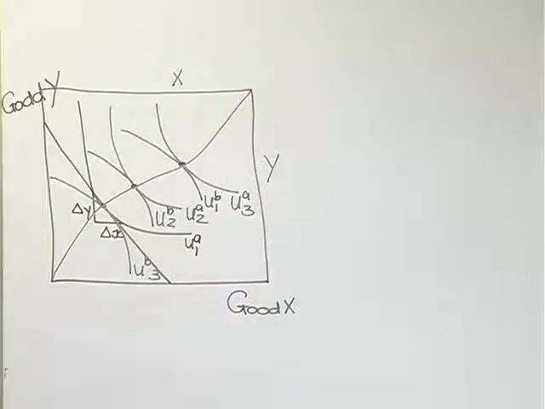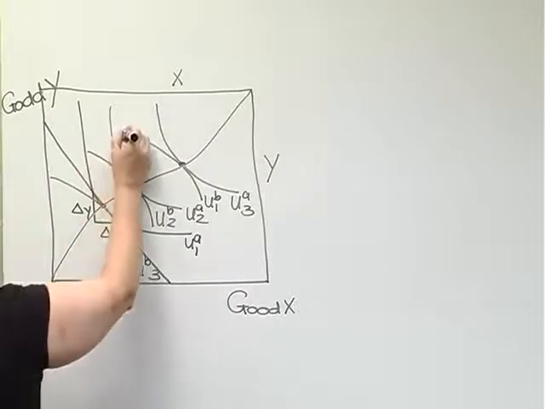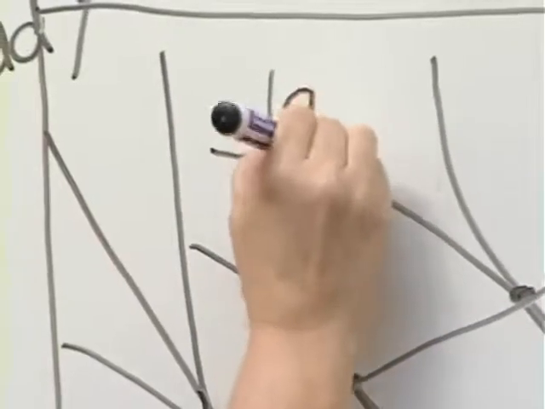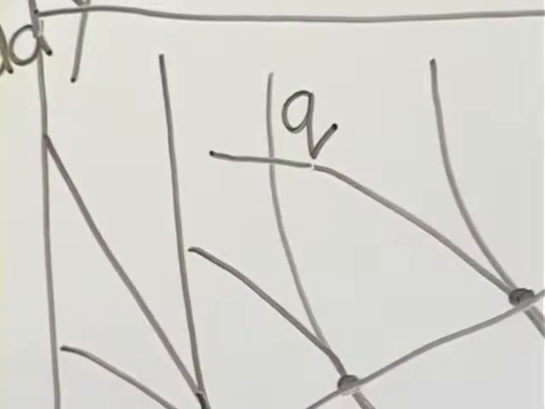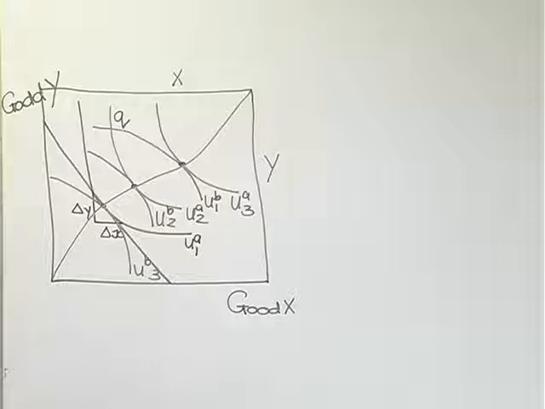Now, if you want to get efficiency in consumption, remember, very important here is you cannot make one person better off without harming another person in terms of utility. So this point here, point Q again, won't be Pareto optimal, because you'll have to increase more of one commodity to make the other person worse off.